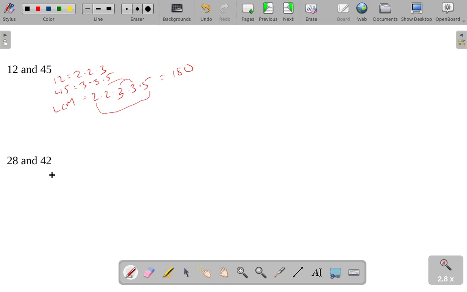All right, the least common multiple of 28 and 42. Let's see, 28 is 2 times 14. 14 is 2 times 7. So there's my prime factorization. 42, I actually happen to recognize that one as 6 times 7.